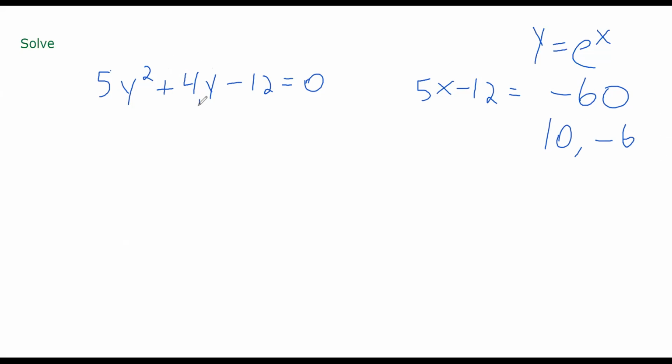So I'm going to split up this middle term. I'm going to call this 5y squared plus 10y minus 6y minus 12 equals 0.